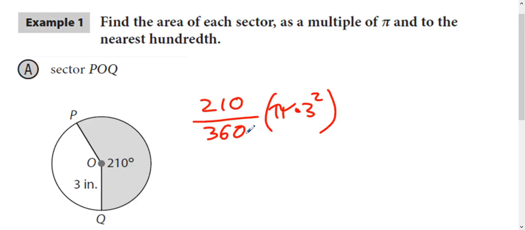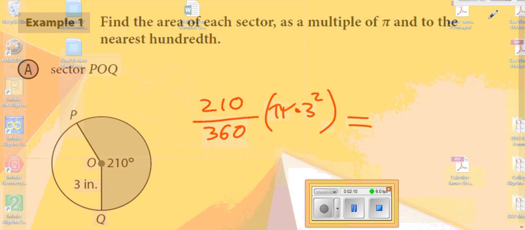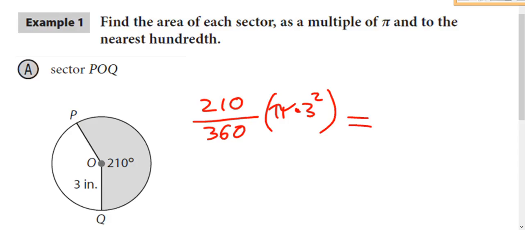When you multiply the tops straight across, 210 times 3.14 times 9, you get 5934.6.